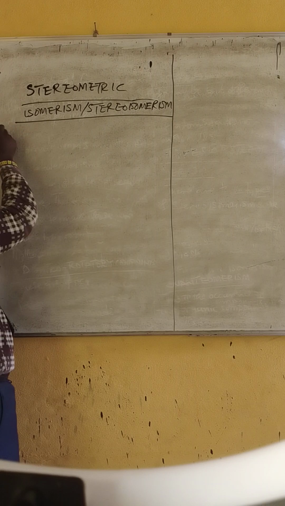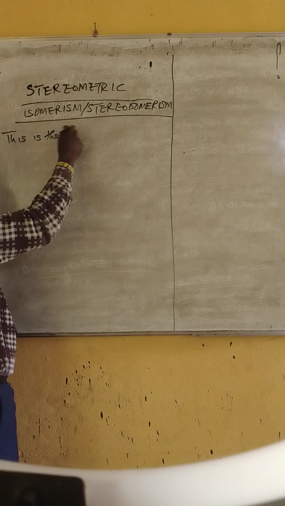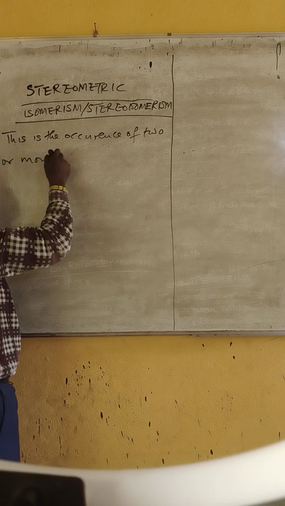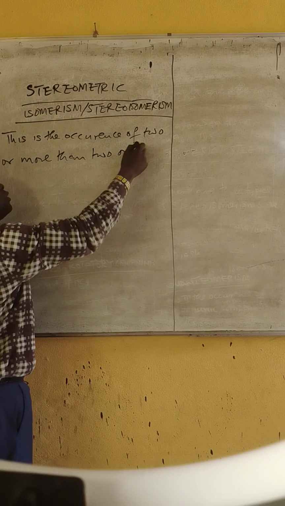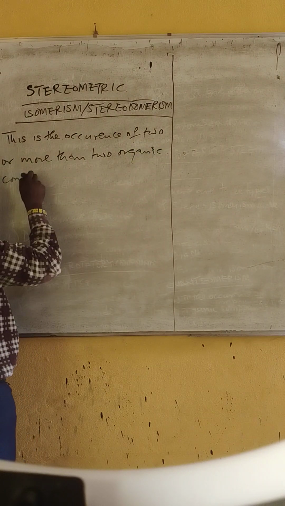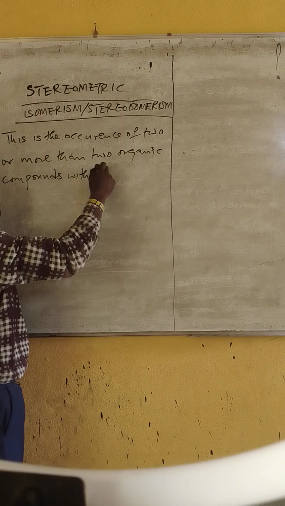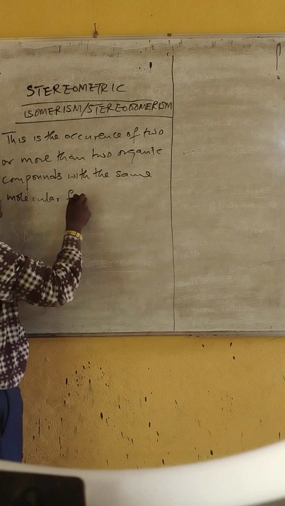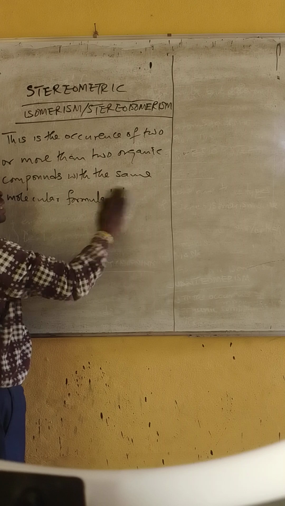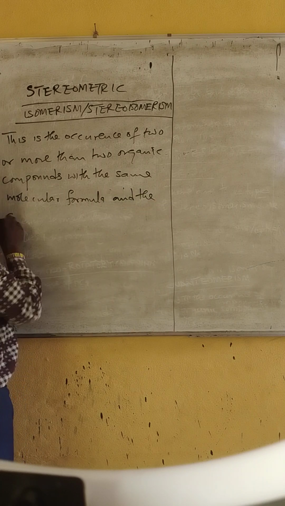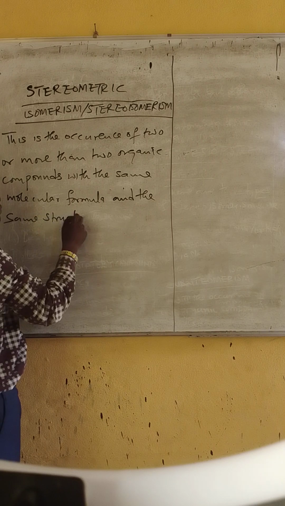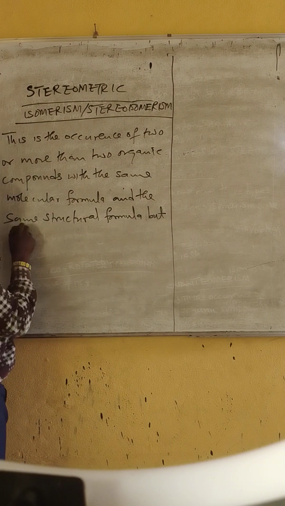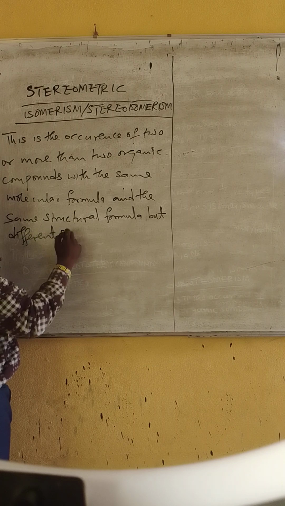So we have said that this is the occurrence of two or more organic compounds with the same molecular formula and the same structural formula, but different spatial configuration.